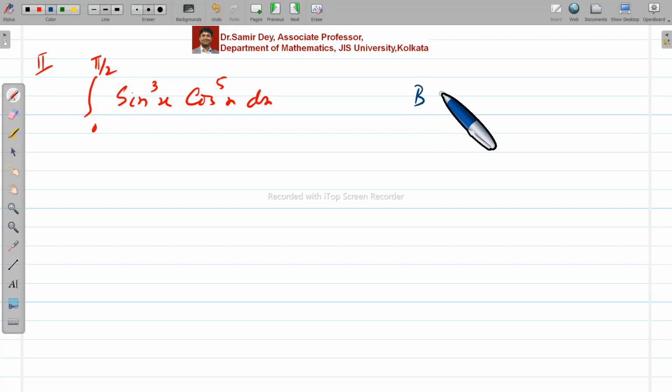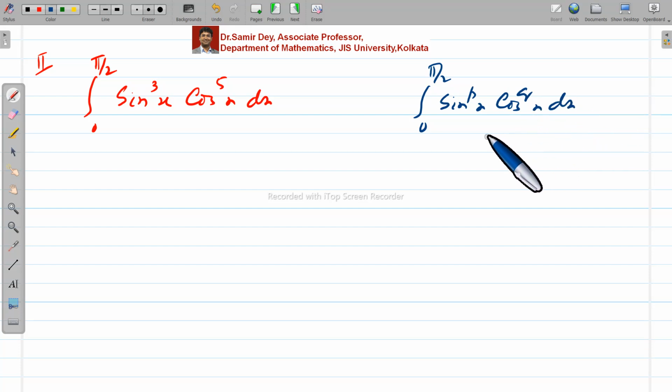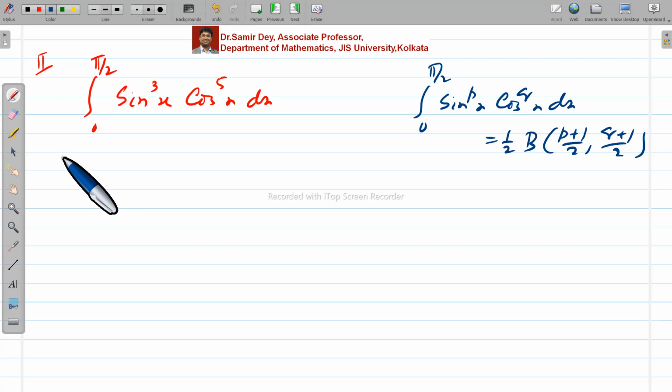First you need to write integral 0 to pi by 2 sine to the power px cos to the power qx dx is equals to 1 by 2 beta of p plus 1 by 2, q plus 1 by 2. Okay, it's very easy, very easy. So now what is your p here? P is equals to 3. What is your q here? Q is equals to 5. Just substitute.